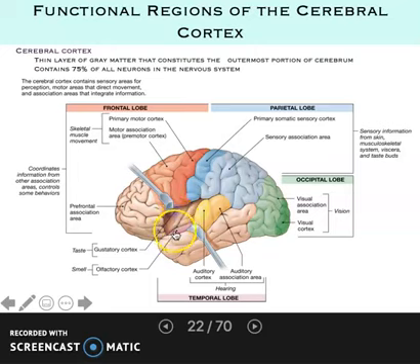Also, you have this somatosensory region, and it allows you to feel your organs, which is kind of interesting, and I'll hit on that later. On the temporal lobe, this is your primary auditory cortex and the association areas.